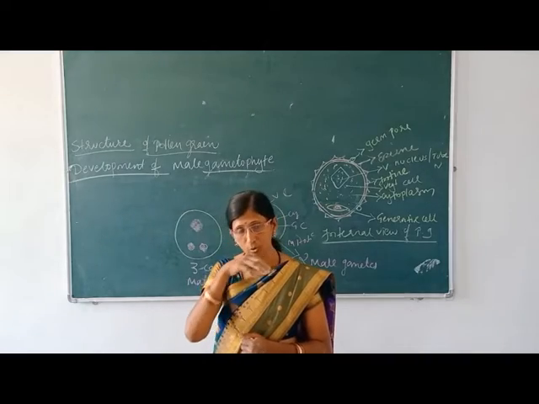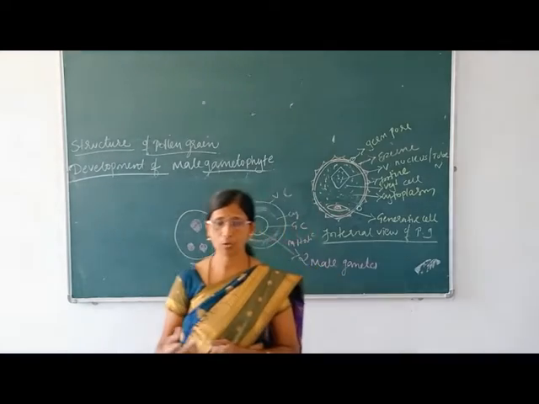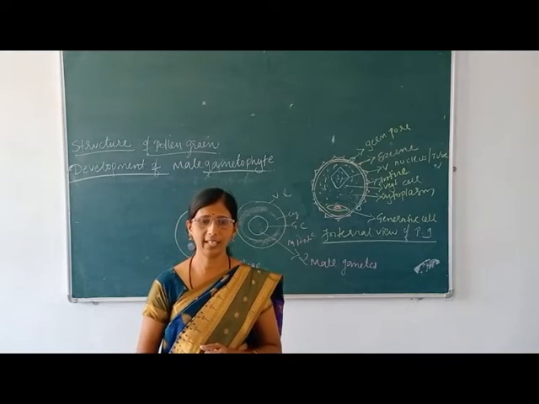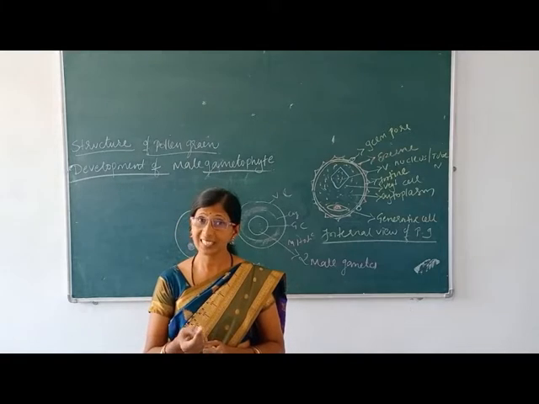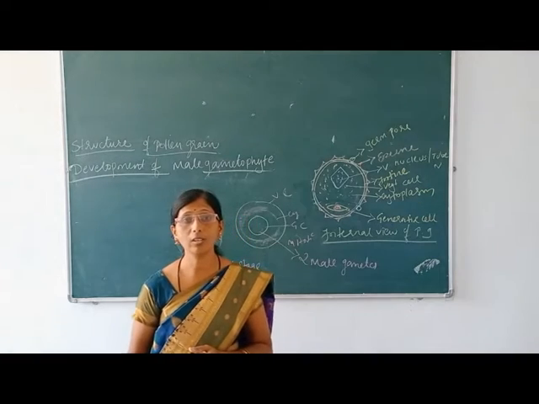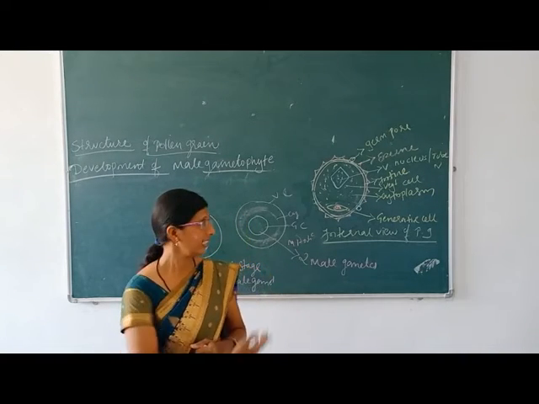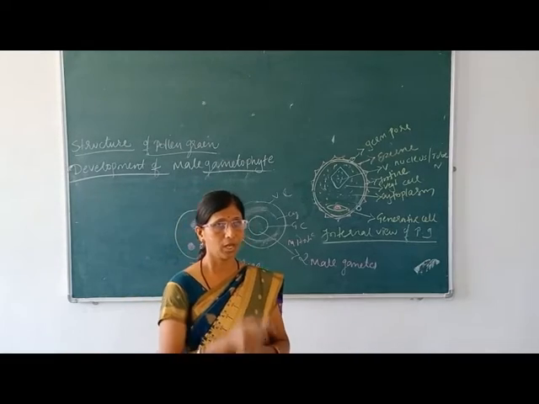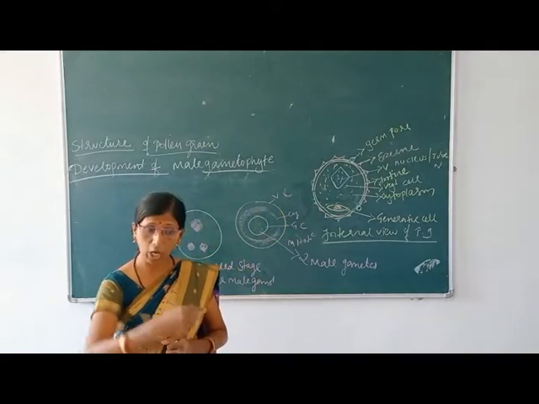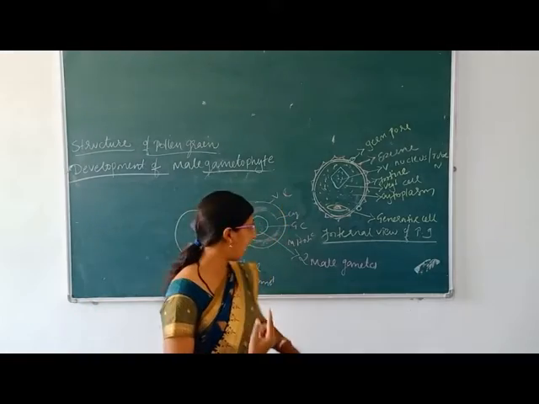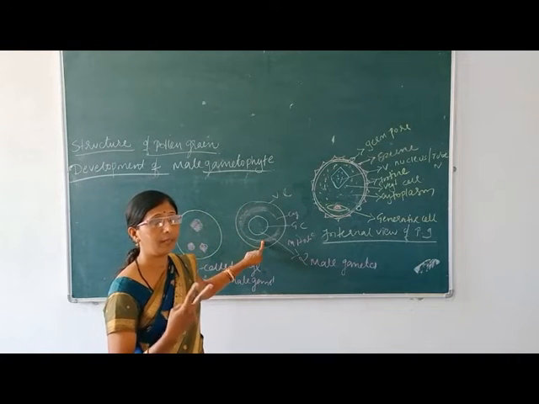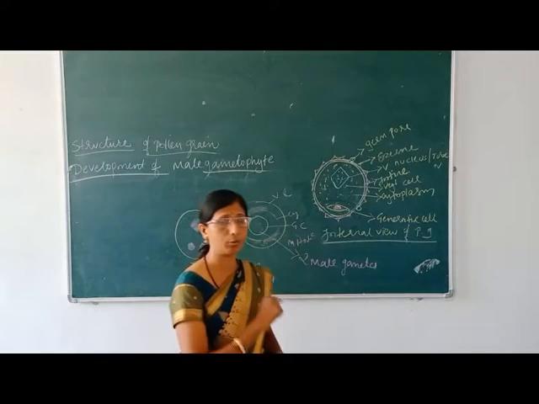For pollen tube growth we take a sucrose solution, and the stigma and pollen grains are taken, and there is germination of the pollen tube. The stigma already contains sucrose, amino acids and boron, which help the growth of the pollen tube. In the video I will show you how pollination takes place, how the pollen grains sit on the stigma, how the pollen tube germinates, how it enters the embryo sac, how two male gametes are released into the embryo sac, and how fusion takes place. It is a real video that I will show in this class.